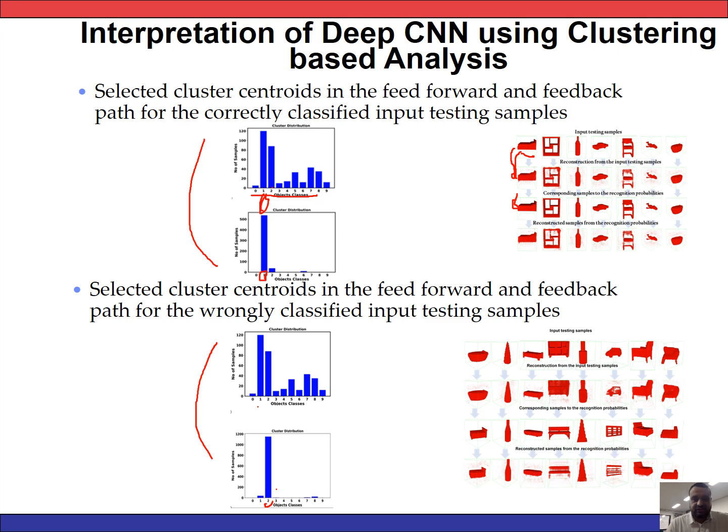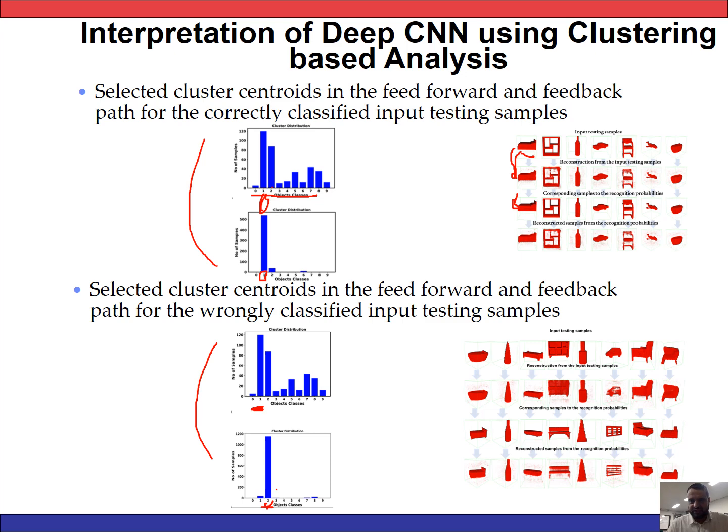So in the feed forward path the representative cluster was class 1, but in the feedback path it is from class 2. Both representative clusters are different, which means that there is a misclassification.